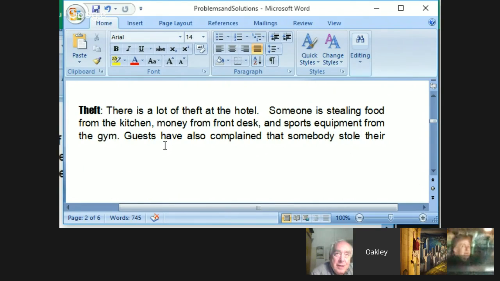So I think it's very expensive. This is another solution that could be very expensive. So you're talking about hiring extra security. Yes, hiring extra security.